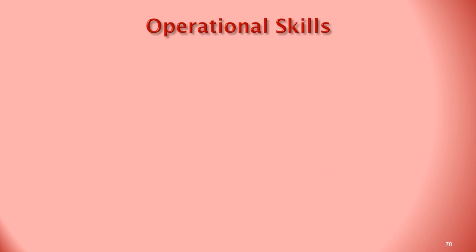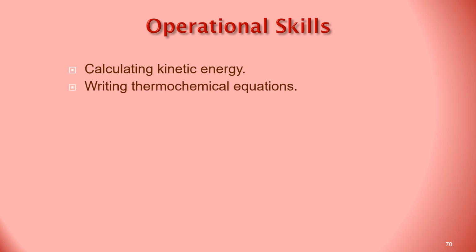So that is the end of chapter 5, heats of reaction. What should you be able to do after learning this chapter? You should be able to calculate kinetic energy, define kinetic energy for that matter, heat of motion, or kinetic energy, energy of motion. Be able to write thermochemical equations, knowing if they're exothermic, endothermic.